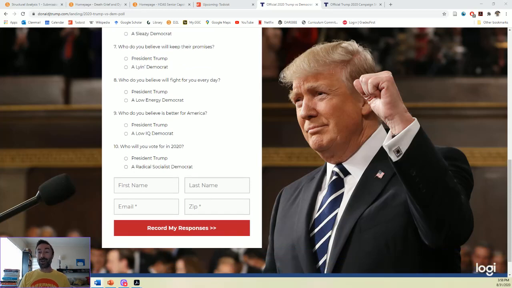Again, no one wants a sleazy, lying, or low IQ candidate of any party to become president. But because those negative associations are attached only to the Democrat, most people will choose Donald Trump even if they might prefer a non-lying Democrat over him, thus skewing the results.